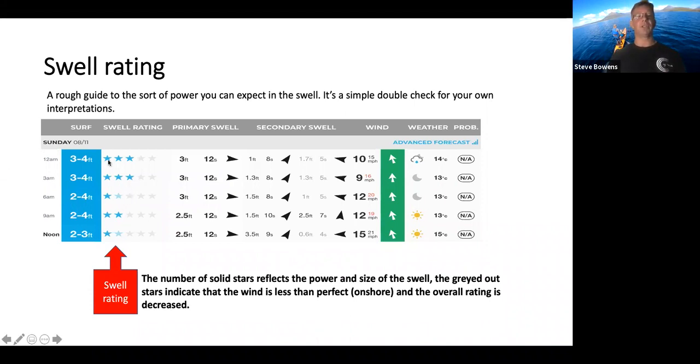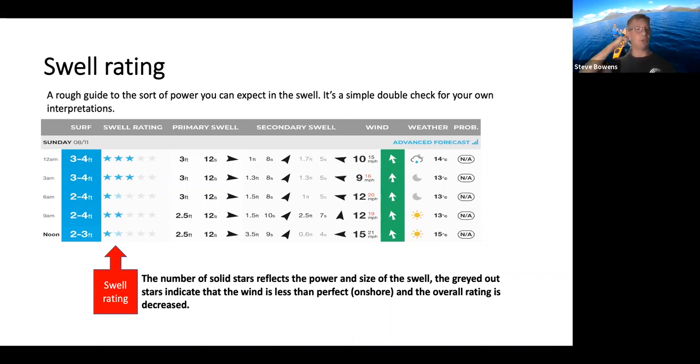The number of stars is indicative of the size of the waves, and then how many of those stars are filled in is indicative of the quality of the waves. When we're talking about quality from a surfing perspective, generally they might have no wind or a slight offshore wind, which holds the waves up. You'll see some video of this in a moment.